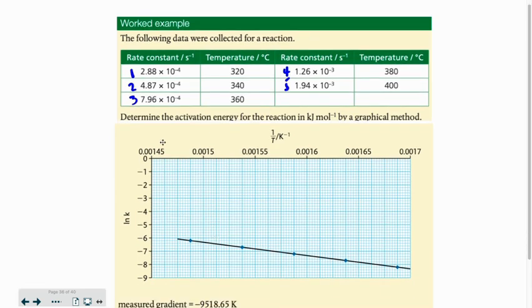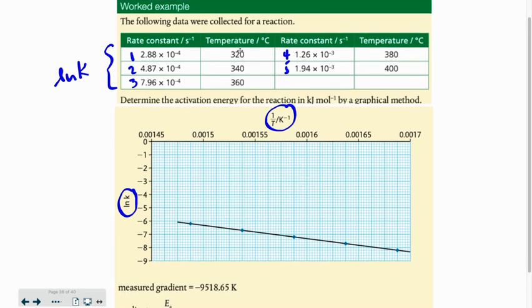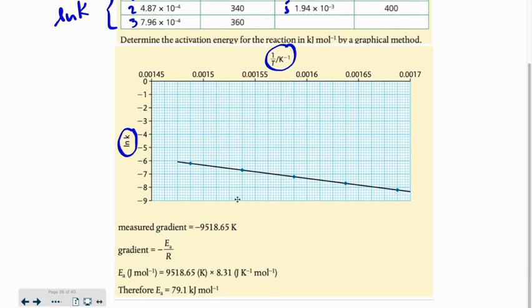Before you plot the graph, you must convert the K to ln K, and then you must also convert your temperature to 1 over T because the Arrhenius plot is ln K versus 1 over T. Once you do that, you can plot the graph. This would be the worst case scenario on a test or an exam where they ask you to actually plot this graph.